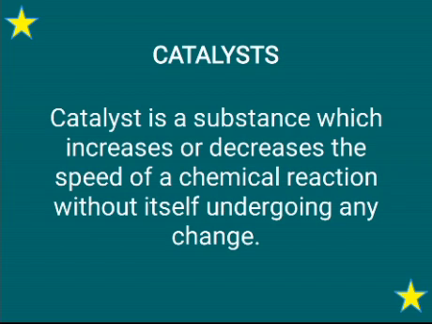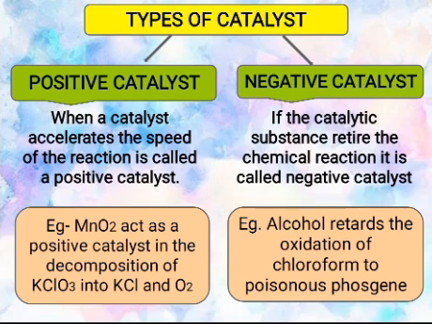Now children, catalyst. Catalyst is a substance which increases or decreases the speed of a chemical reaction without itself undergoing any change. Now, types of catalyst. Two types of catalyst: first, positive catalyst, and second, negative catalyst.